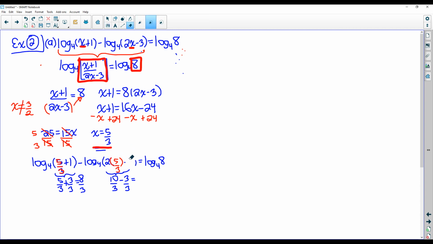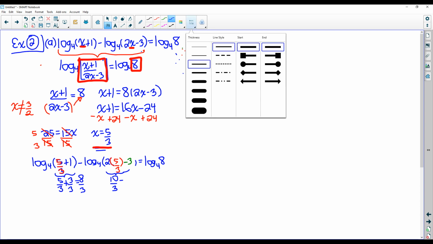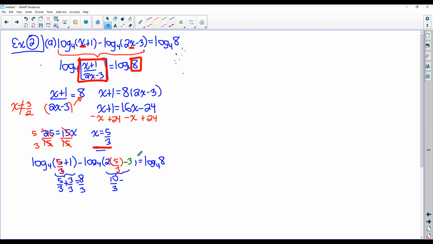My bad, let's fix that. Let's fix it in green. Yeah, it's minus 3. Okay, so sorry. If that's minus 3, then we want to write 3 with a denominator of 3. So that would be 9 over 3. Okay, so that would be 1/3.